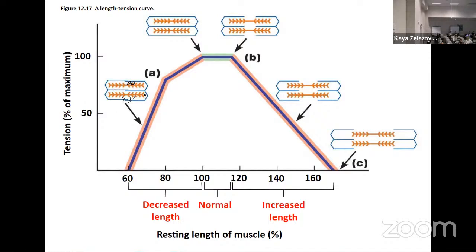So it doesn't really matter how much calcium you get in this situation because there's nowhere to go. You can't make the sarcomere any shorter because you're running out of space. So this is what we mean when we say there's an optimal length to the muscle. That's when we have full overlap between the thick and thin filaments in those parts with the binding sites, but we still have room for that thin filament to move towards the center without bumping into other stuff.